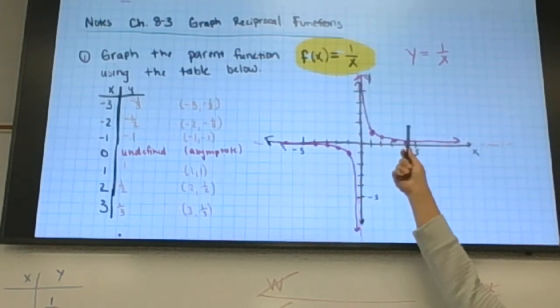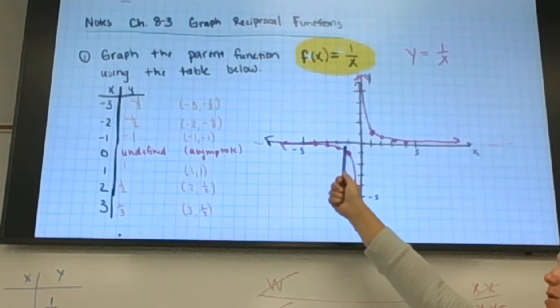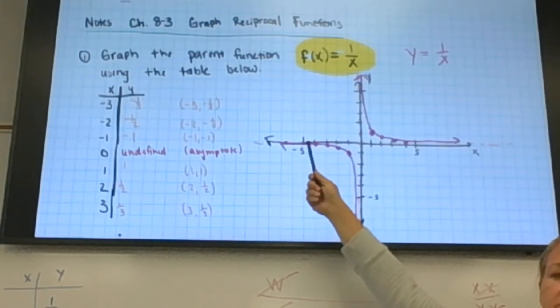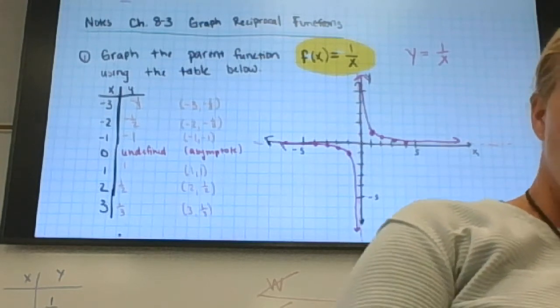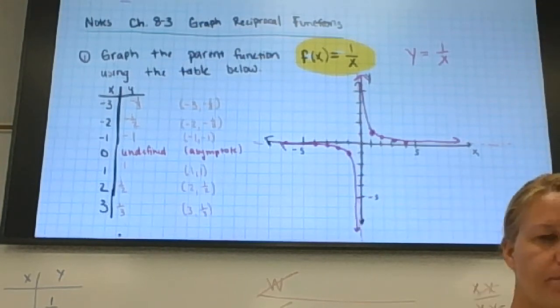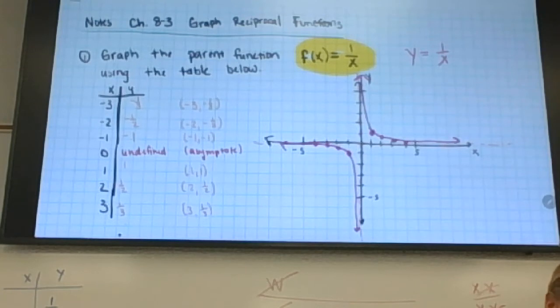This graph is split into 2 branches. On both sides, the line gets very close but doesn't quite touch or cross. So your domain is everything excluding 0. And your range is everything excluding 0.